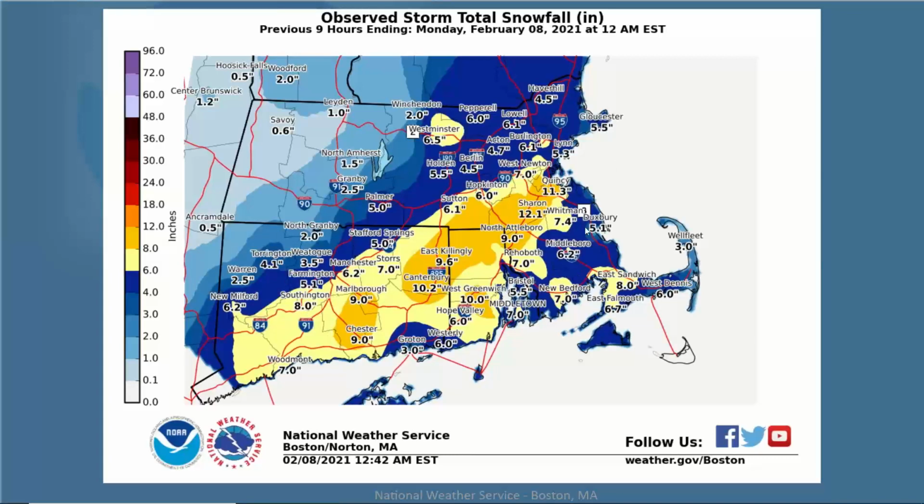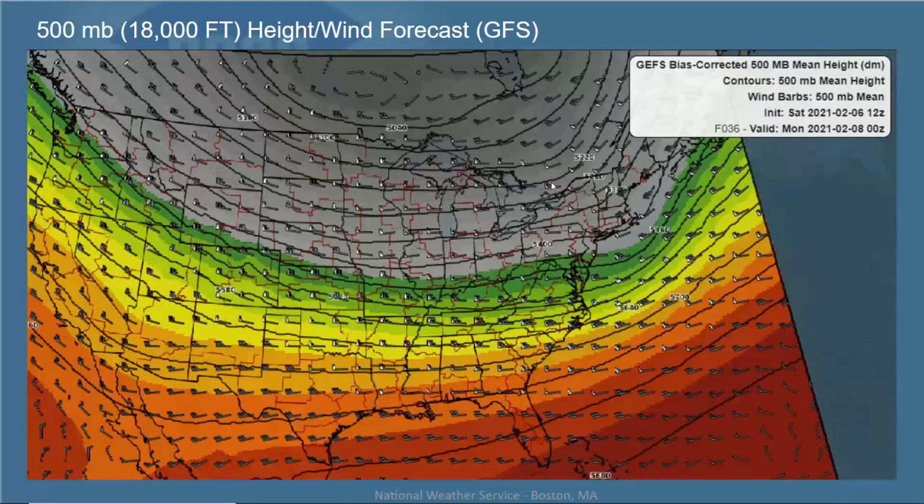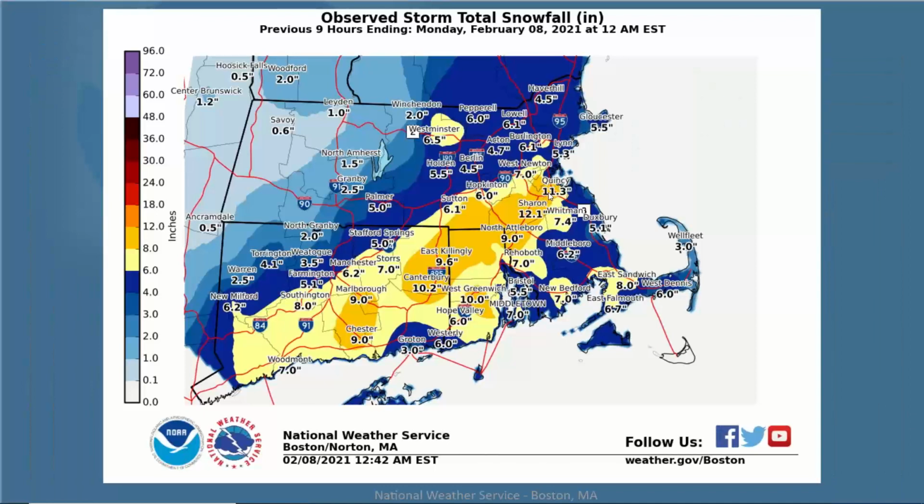But if you look closely, right on I-95, there is an area of basically about 8 to 12 inches of snow. And actually, the foot was right over Joe's area in Norwood. So there was what we call a mesoscale snow band, and we'll talk a little more about that as we go through the presentation.